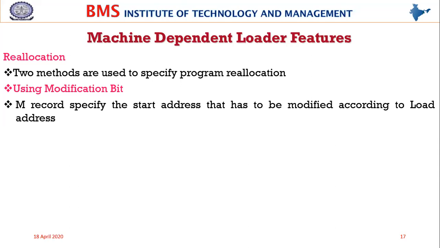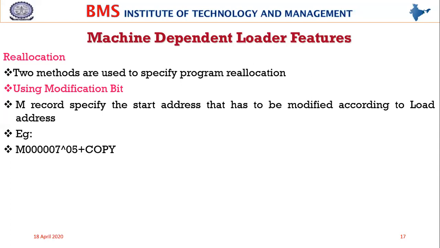For those operands which are format 4 and have direct addressing, we are supposed to specify the modification record, giving the starting address of the operand as well as how many half bytes from there need to be modified. For example, a modification record like M00007 05. 00007 is the address from which it has to be modified.